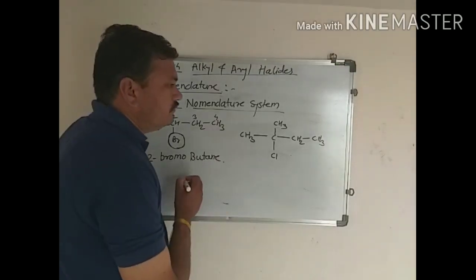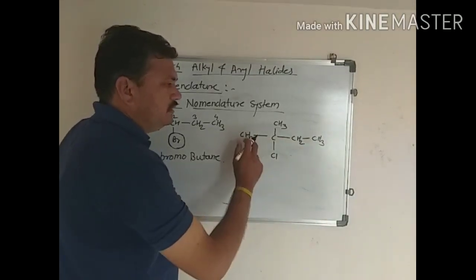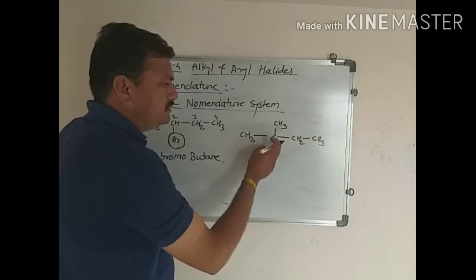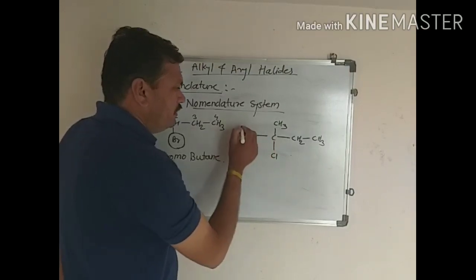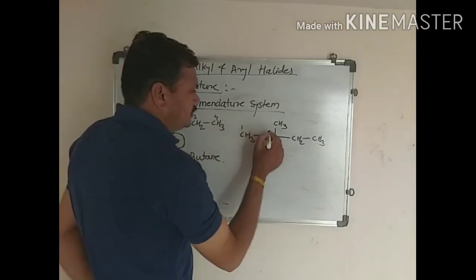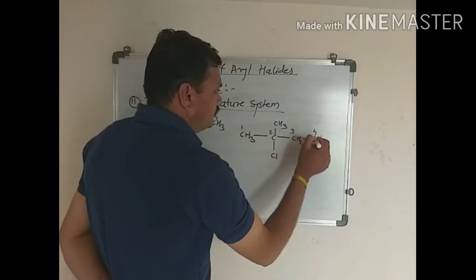Then numbering from either right side or left side. From right side it gets 3 number, from left side it gets 2 number. Therefore least number is possible from left side. We will give numbering from left side, 1, 2, 3, 4.